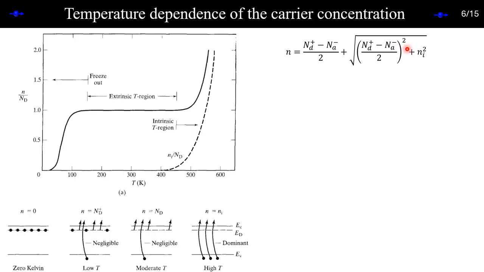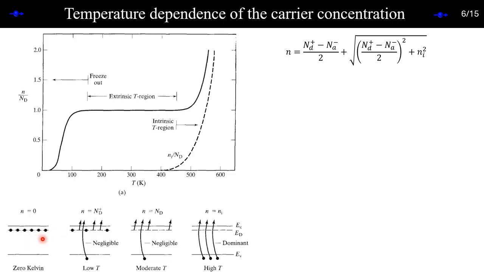But that is a temperature activated process. At very low temperature, say at 0 Kelvin, it will not be able to donate. Whatever electrons we have in the donor state or acceptor state, this is just an example for donor, they are just frozen there. They don't have enough energy.